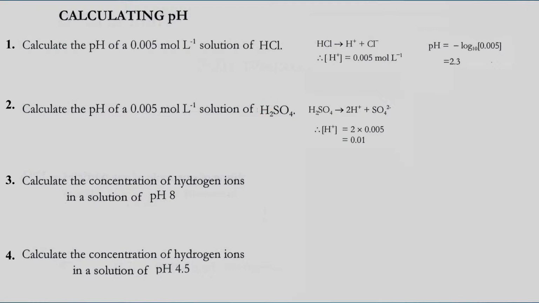Last question, each molecule gives 1 H+. So if 2 H+, you have to times 2. So that is the answer. Remember, if the molecule is a diprotic molecule, it will give 2 H+ ions.